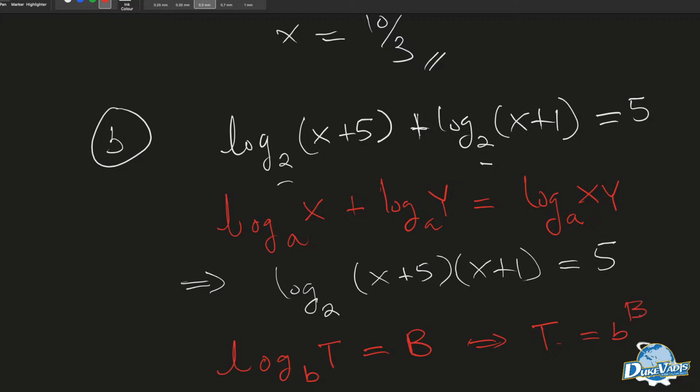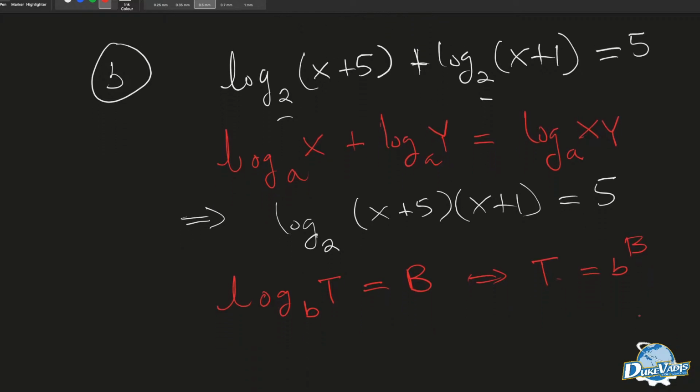So when we apply the same principle, our equation is once again going to have a very different form. So this one is going to be bracket x plus 5 into bracket x plus 1 equals 2 raised to the power 5. Have you seen it? 2 raised to the power 5, as we know.